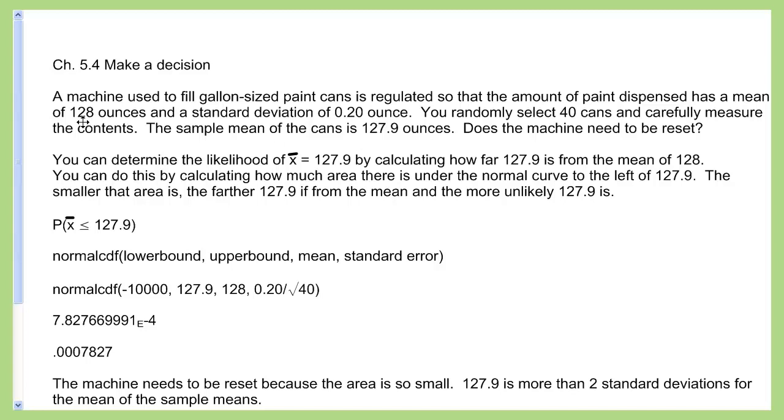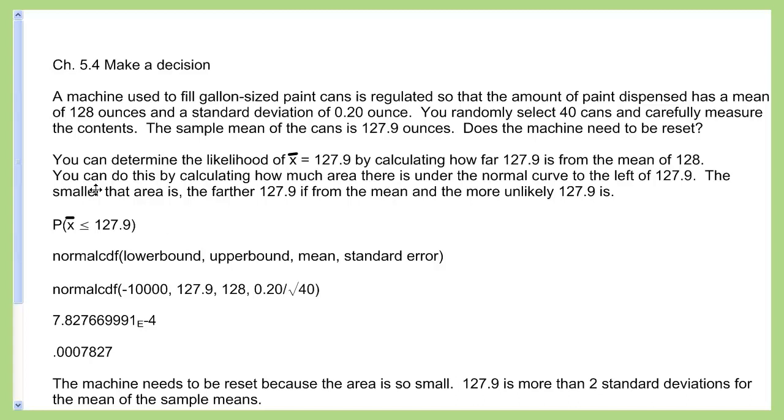So here's the mean that they say is supposed to be dispersed, and this is what you're finding once you sampled 40 cans. So you can determine the likelihood of X bar equal to 127.9 by calculating how far away 127.9 is from the mean 128.